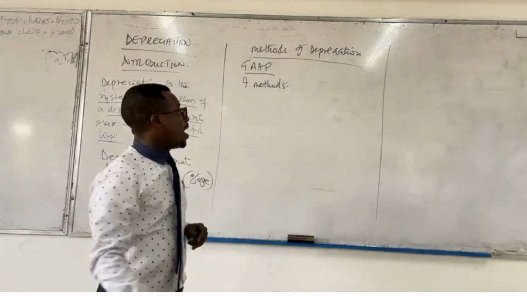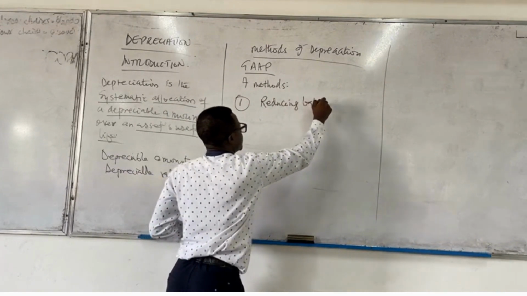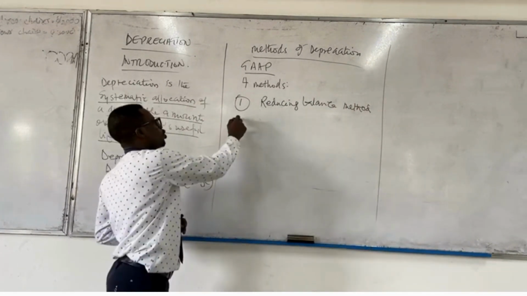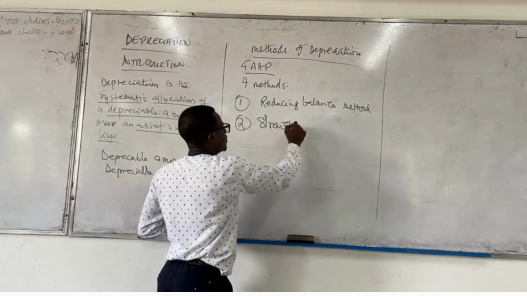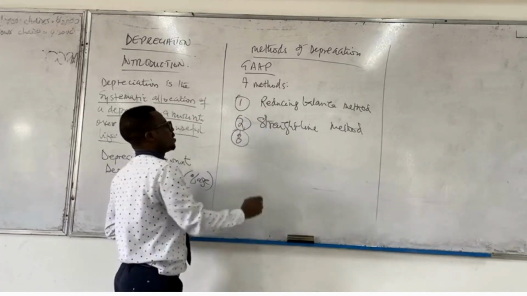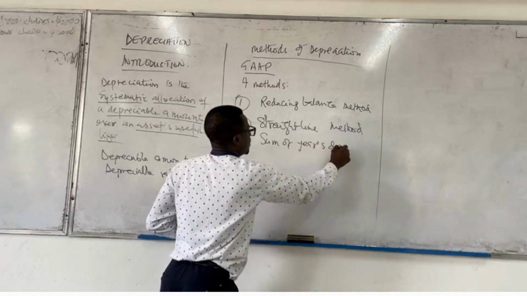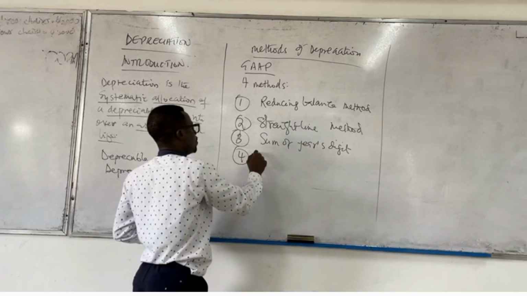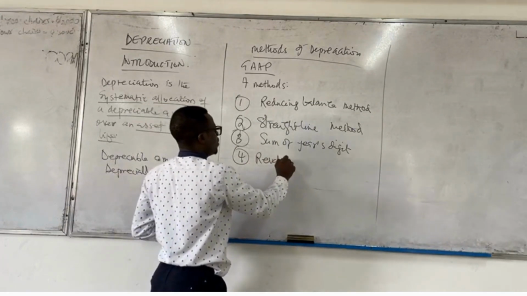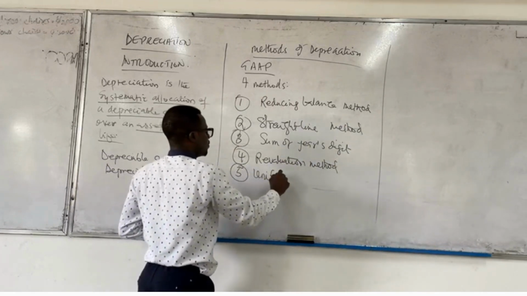These methods are: 1, the reducing balance method; 2, the straight line method; 3, the sum of years digits method; 4, the revaluation method; and the unit of production method.